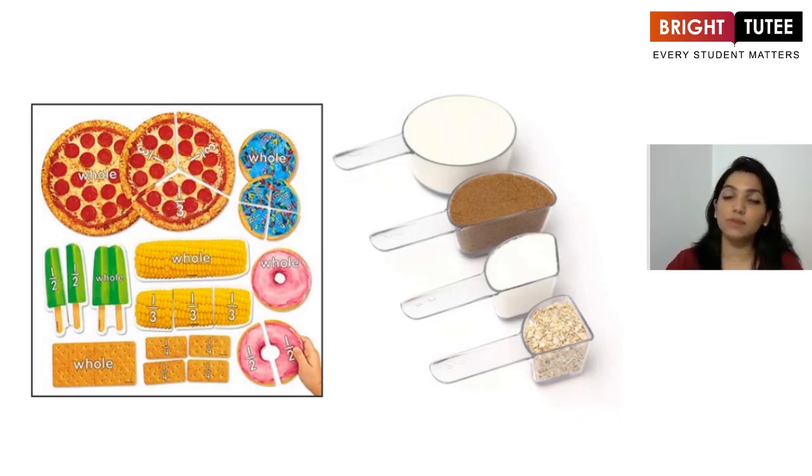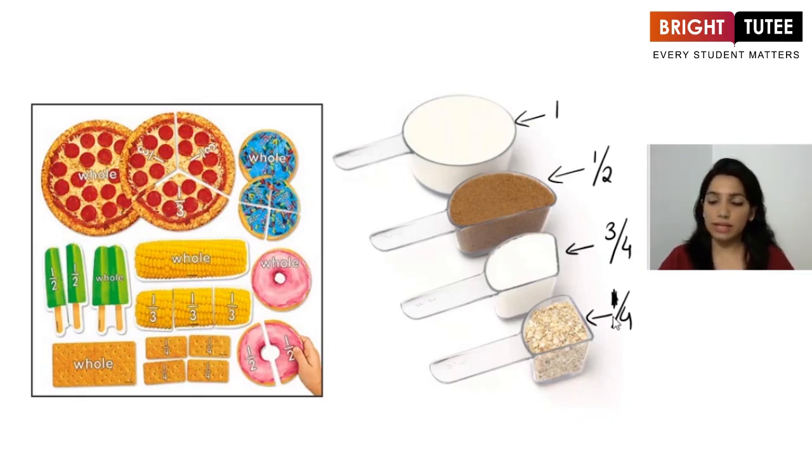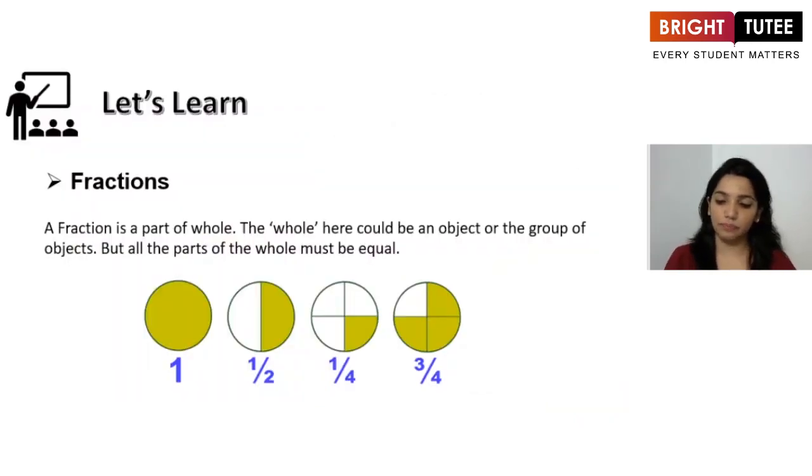Now what else you see are some measuring cups. This is one whole, this is a half, this is 3/4. We'll learn about this later. And this is 1/4.